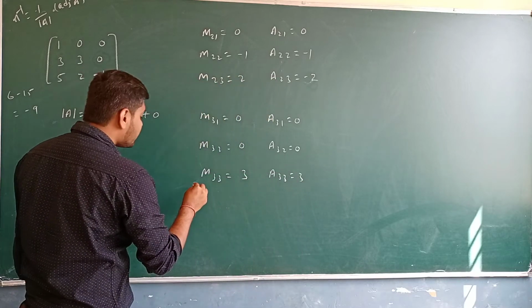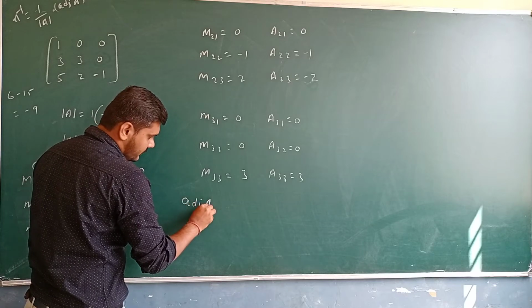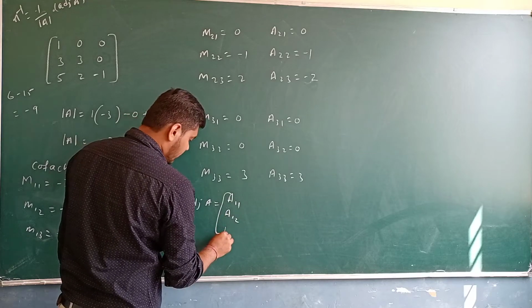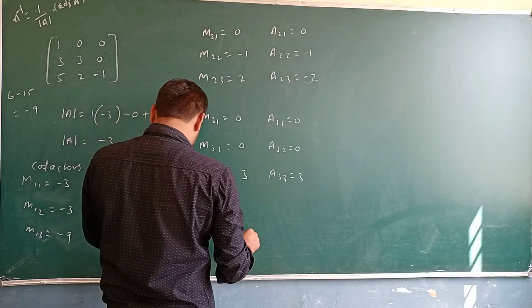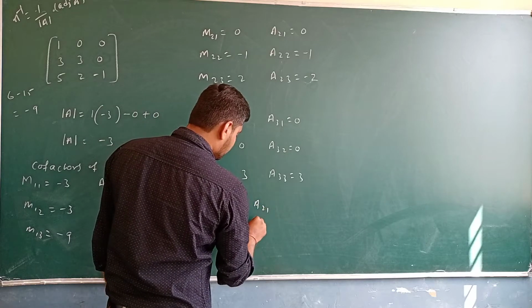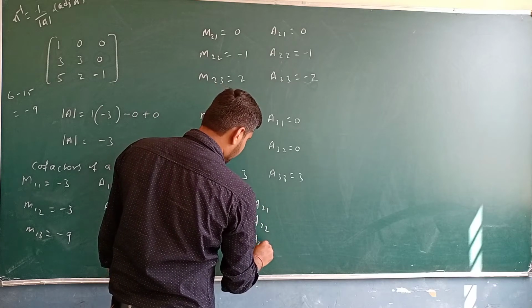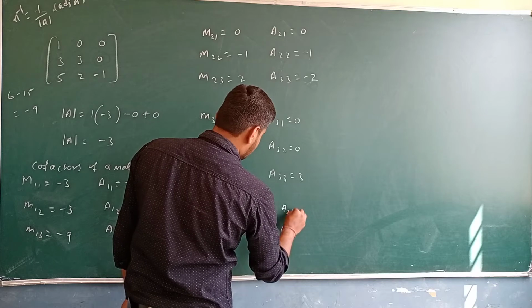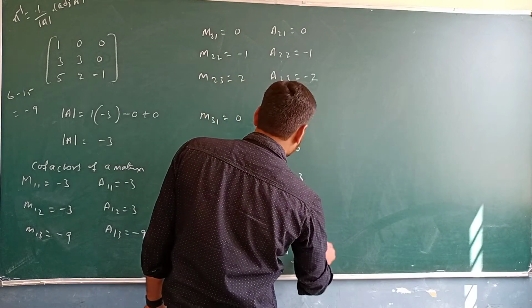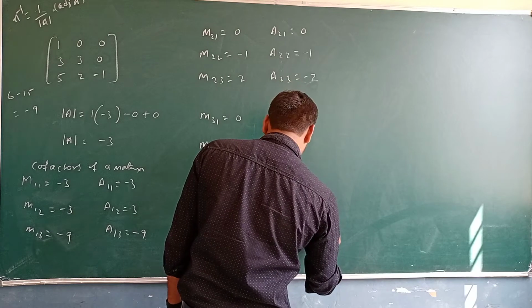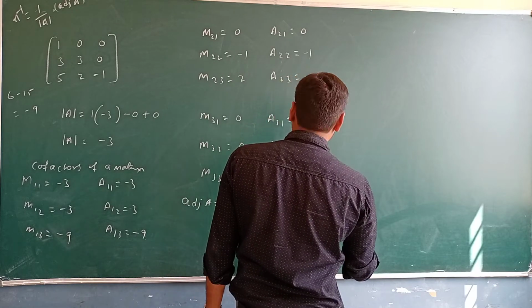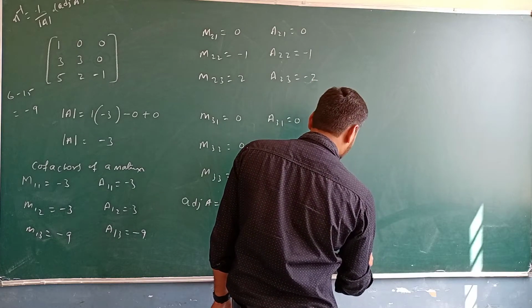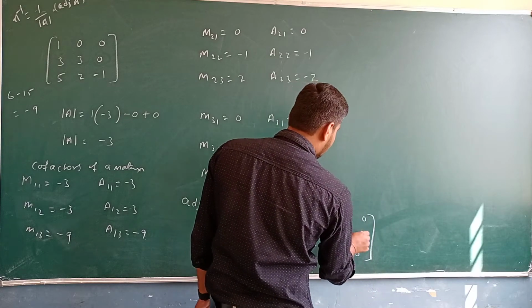Then the corresponding adjoint of A is equal to A11, A12, A13, A21, A22, A23, and A31, A32, A33. So it's going to be minus 3, minus 9, 0, minus 1, minus 2, 0, 0, 3. So this is the obtained adjoint of A.